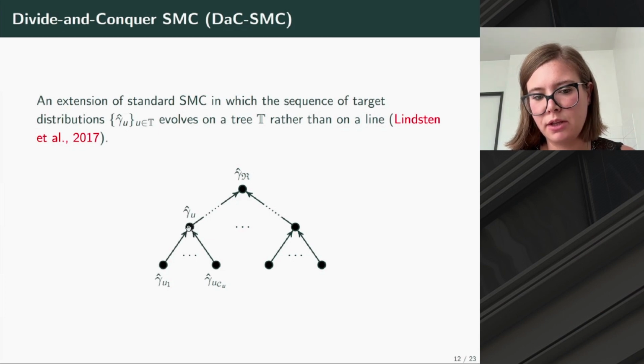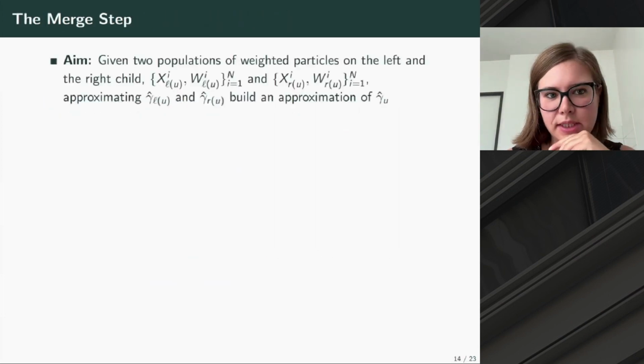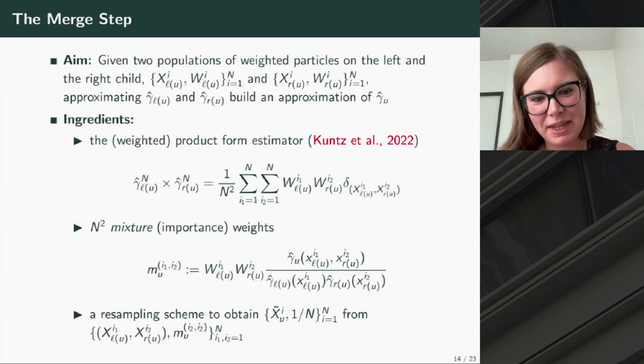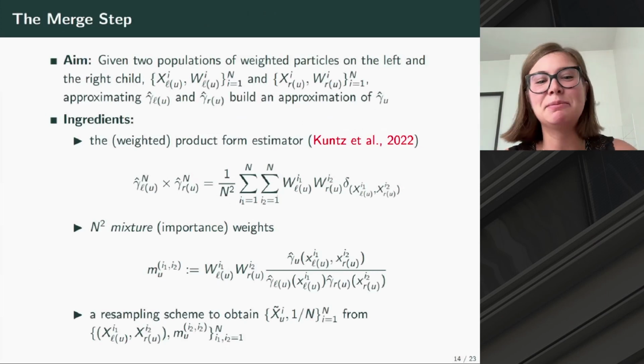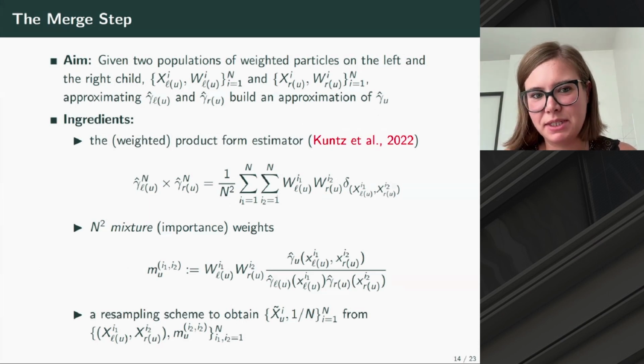If you imagine having one set of weighted particles on the left, one set on the right, we need to pull them together somehow. That's exactly what I'm going to try to describe in this slide, which is a bit heavy, I'm aware, but really this merging procedure is the key point in divide and conquer SMC.